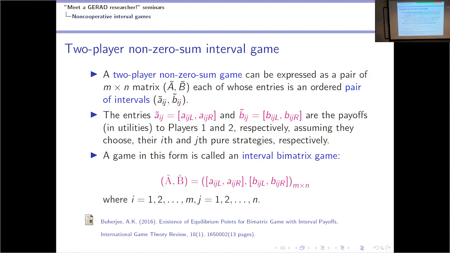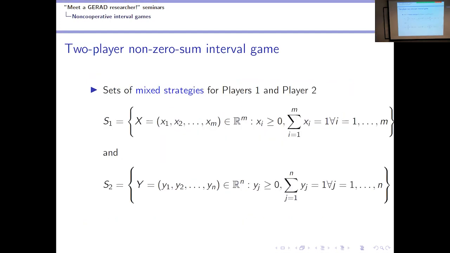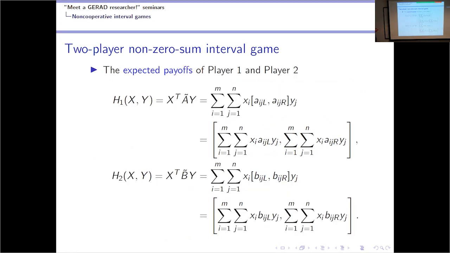So the payoffs A tilde ij refer to player 1, and B tilde ij refer to player 2. And this is the set of mixed strategies for player 1 and player 2 respectively, as you see. And this is the expected payoff of players 1 and 2, which are intervals, as you see here. This is the lower bound and upper bound.